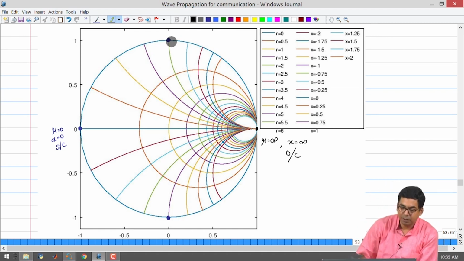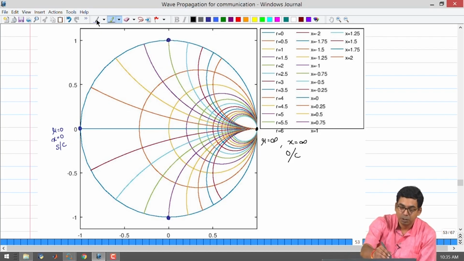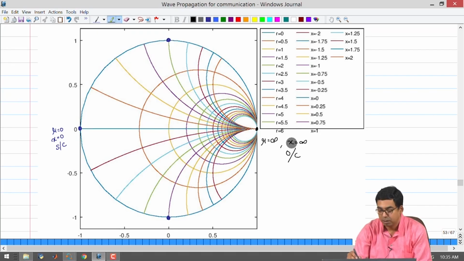Now, given some value of load impedance, suppose it has a real and an imaginary part, the first step that you will do is normalize the given load impedance with respect to the transmission line characteristic impedance to get small r and small x.